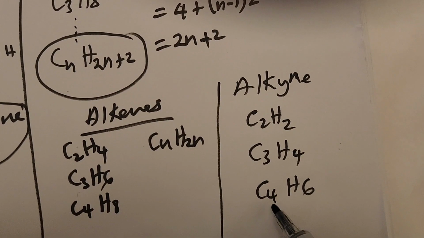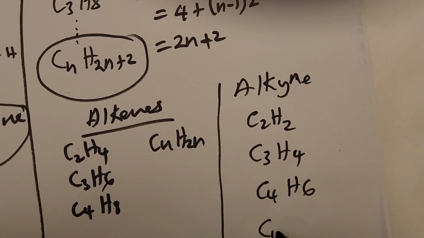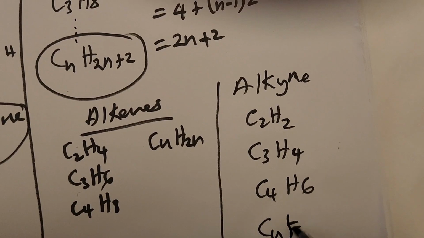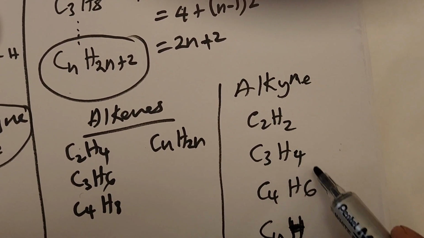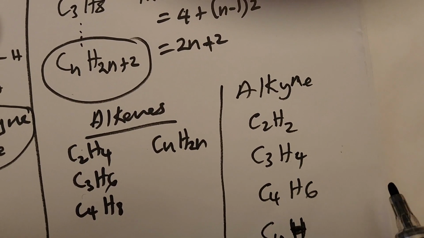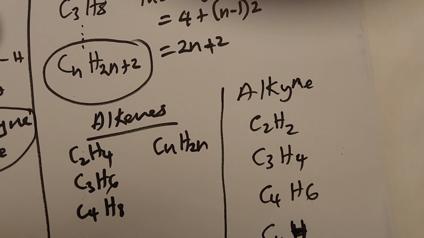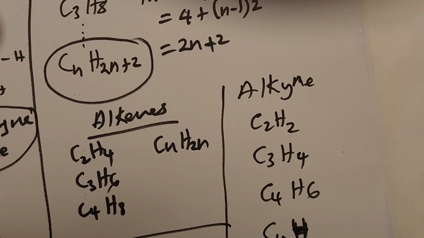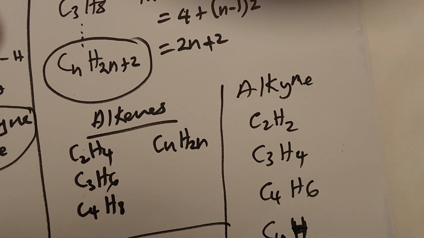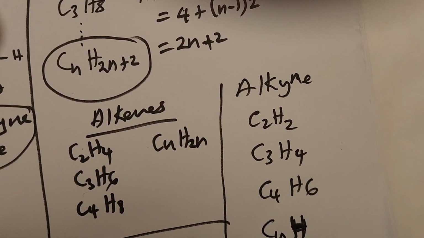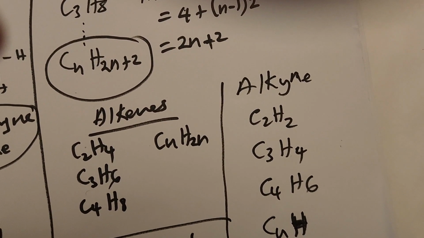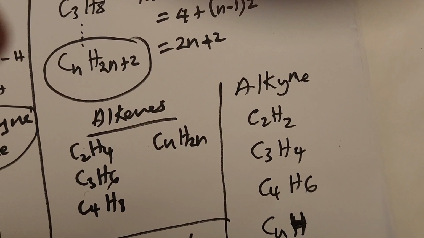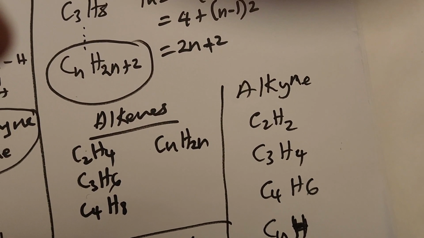Therefore, this one will be CnH something. If the first term is 2, then 4, 6, using maths, the nth term will be a plus n minus 1 d. The first term is 2, and the common difference is 2.